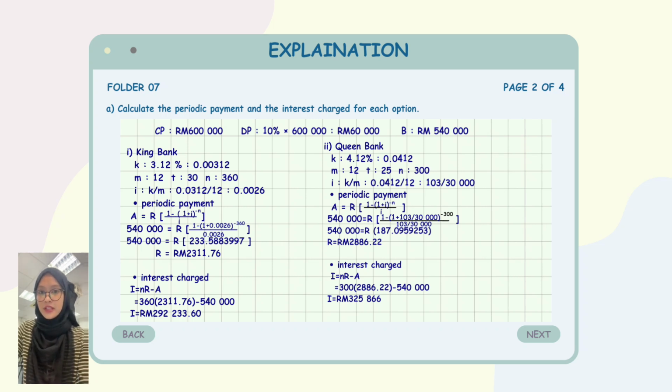You have to substitute the information into the formula. And lastly, the interest charge is the same as King Bank: I equals N times R minus A, and you have to substitute the information in the formula also.